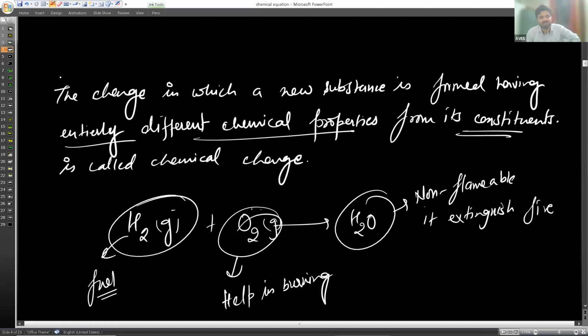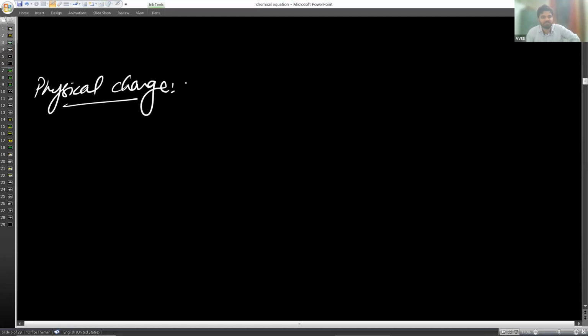Yes, that is a chemical change, but I'm asking for the physical change. A physical change is when it shows the properties of its previous state.